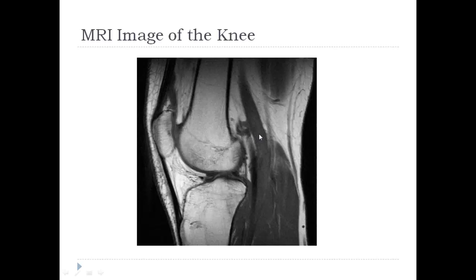I would assume that the tendon has lots more, and therefore they produce different intensity light. Well, not light, radio frequency radiation, which can then be converted back into an image that we can see.